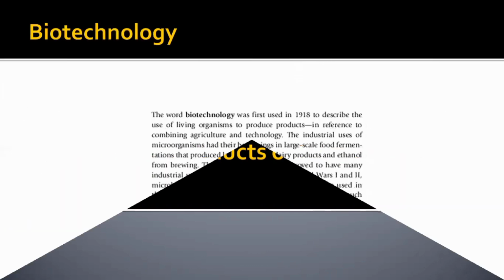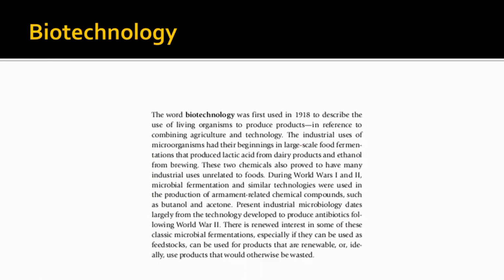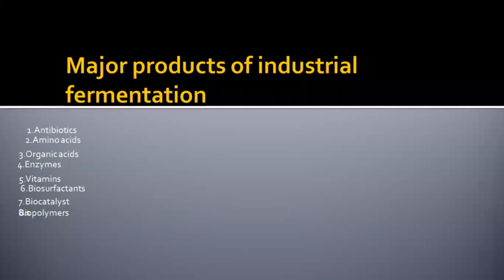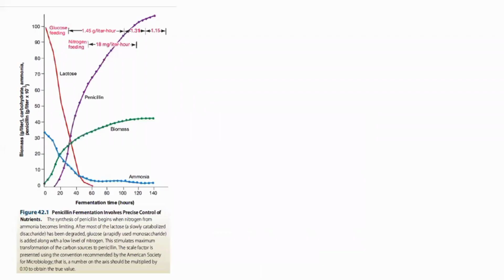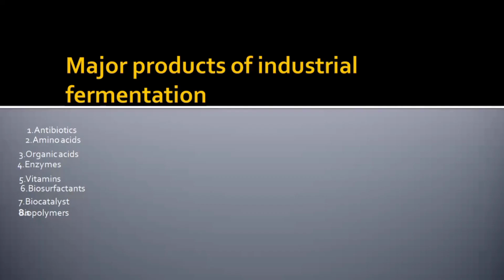Now, these products are derived mainly from the process of biotechnology, where these microorganisms are used in production of many important products, and these commercially important products include the antibiotics, amino acids, organic acids, enzymes, vitamins, biosurfactants, catalysts, biopolymers.